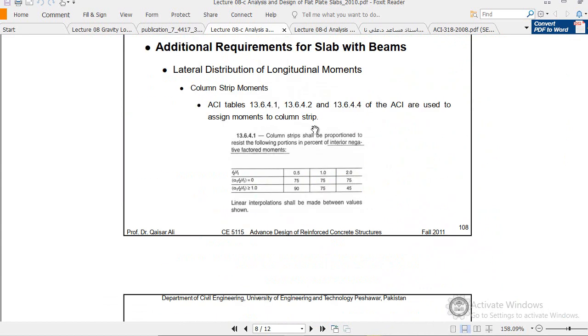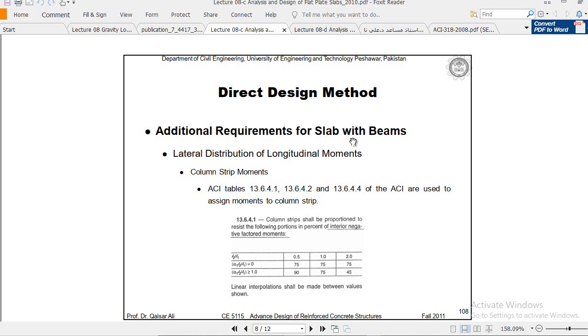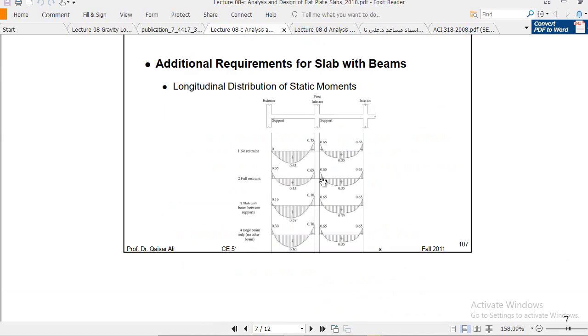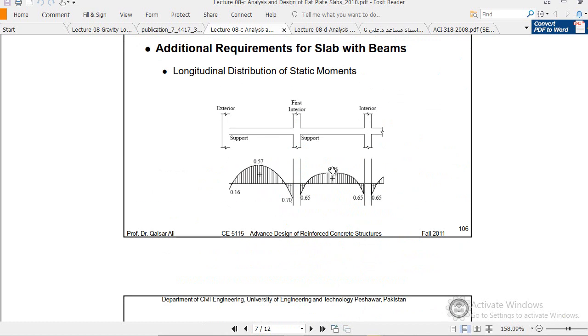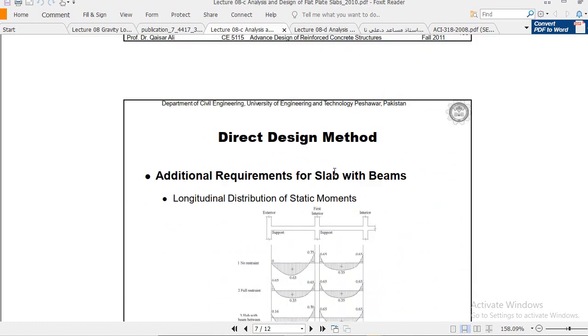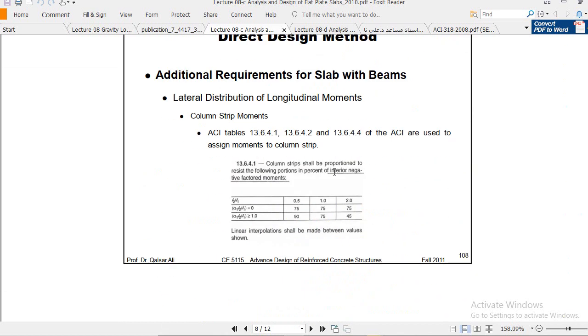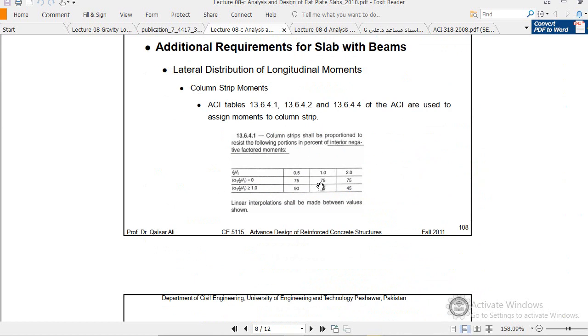Now these are the tables for when you have a slab with beams. Remember, these coefficients are only used when you don't have any slab beams. Clear? So once you have beams, you have to use these tables and interpolate your values. Here we need the L2 by L1 ratio, and our value is more than 1.